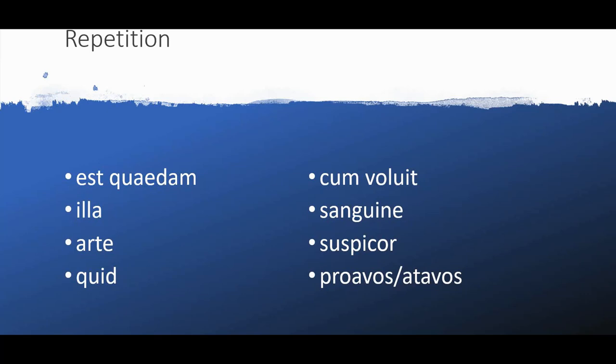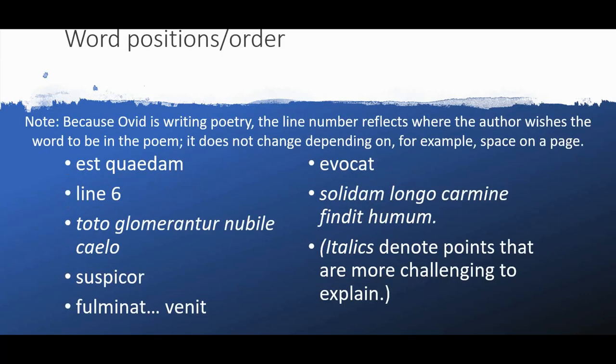So these are repetitions. Word order and word positions. Now, as I said before, because Ovid is writing poetry, the line number reflects where the author wishes the word to be in the poem. So the word orders are fixed, and sometimes a word is put at the start of a line or the end of the line to emphasize it.